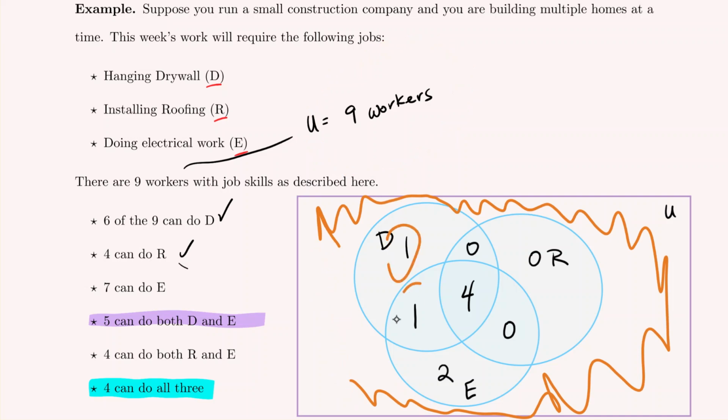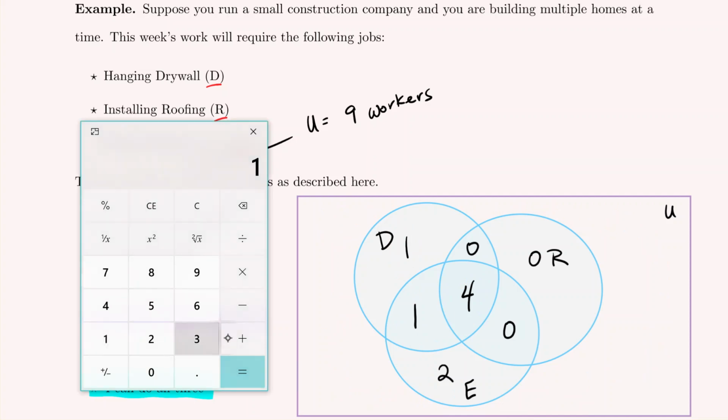To do that, you add all the values together. So we have 1 plus 1 plus 4 plus 2. And that will give us 8 workers accounted for. There were 9 workers surveyed, so that means one of the workers has a skill other than drywall, roofing, or electrical.